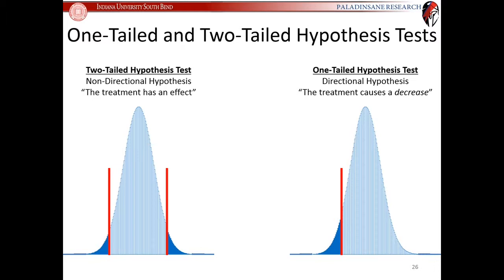If you have one tail, you take your alpha level, let's say that it's 0.05, and you draw this line in the sand so that this tail is 5% of the distribution. You figure out what z-score you need to put 5% into the bottom tail of this distribution.